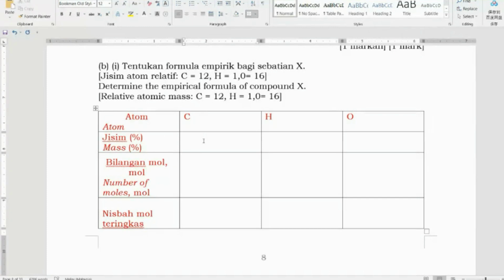Okay, so first one, what is the mass for carbon, hydrogen, oxygen? This one I would like to ask Jonathan, what is your answer? Jonathan, for these three, carbon, what is the mass?